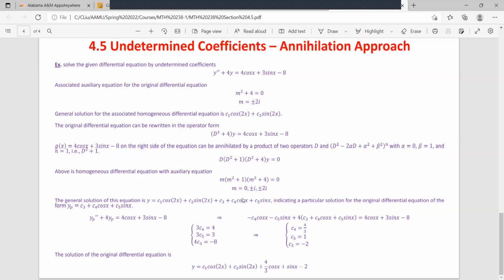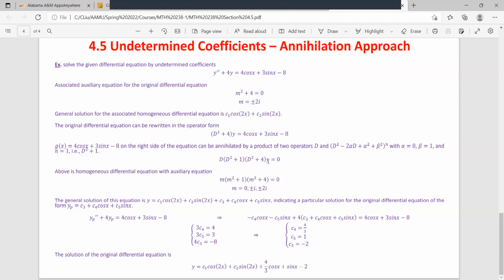This solution here includes everything in the solution of this equation, but that also includes the solution of the associated homogeneous equation. When you solve for D squared plus 4 y equal to 0, that's part of the solution of this new equation. So we have to exclude that to find the particular solution, right? That should not be part of the particular solution because that's part of the general solution of the associated homogeneous equation.